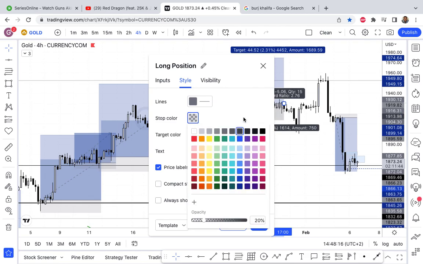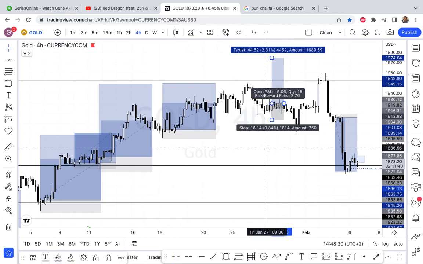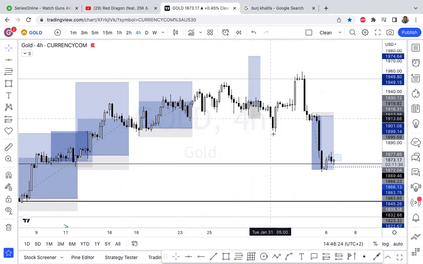We strengthen the color so that it's clearer. Right, alright. This is sideways. I'm not sure we would take any of these.